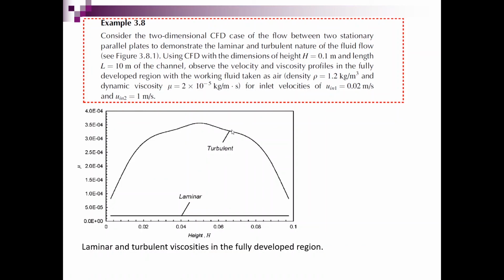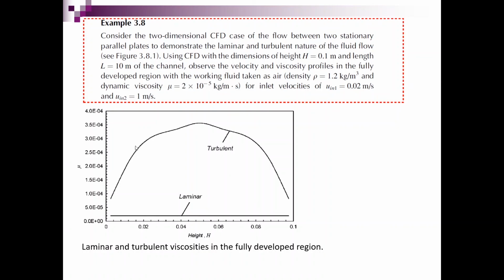Okay, this viscosity profile explains very well why we have a blunt shape of velocity profile for turbulent flow. It is because the viscous effect causes the flow to have some resistance to move. It makes the flow much harder to move. It's like a braking, like a resistance.